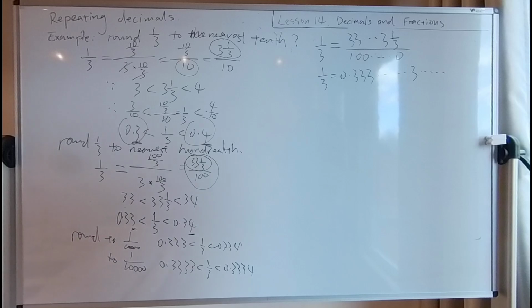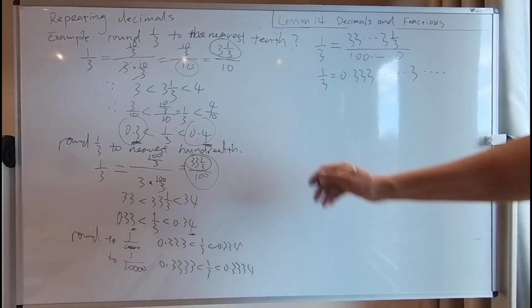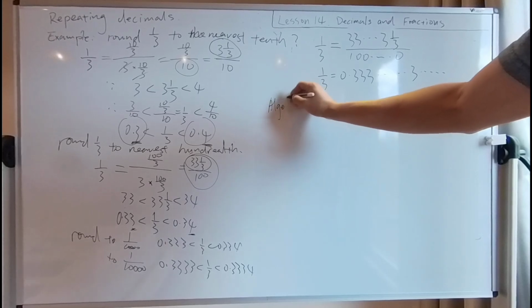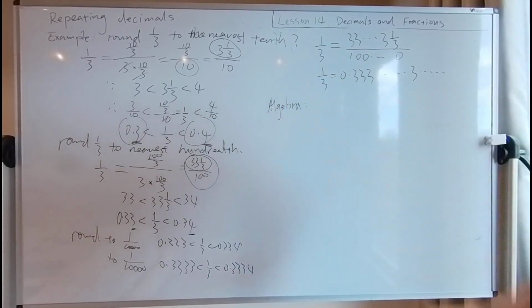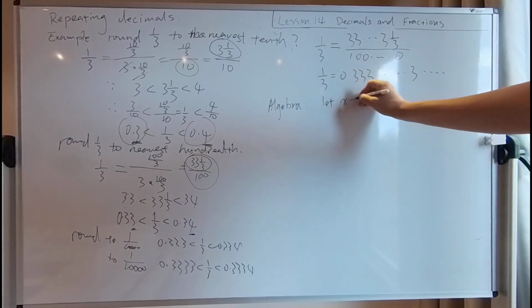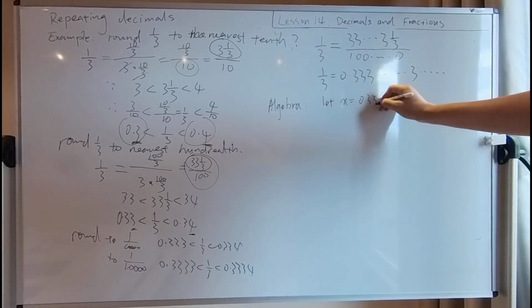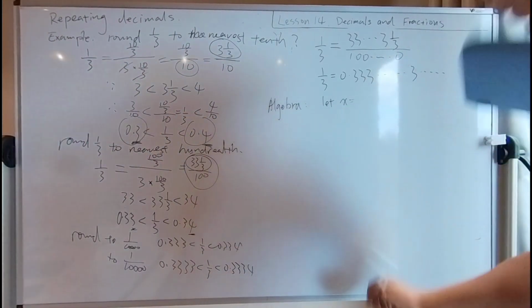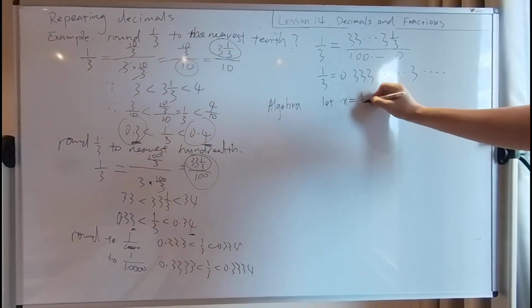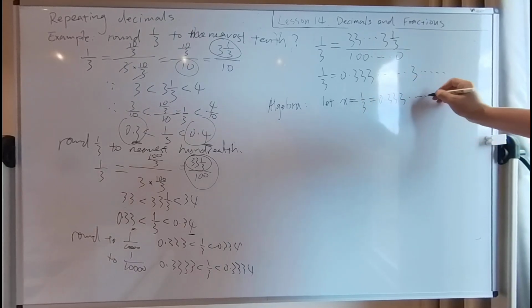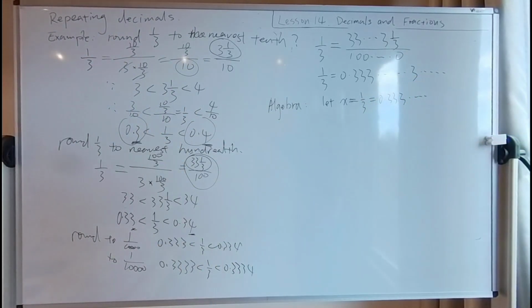We can also show or prove this in an algebraic way. Algebraically, I can first let x equal 1 over 3, where 1 over 3 can be written as infinitely many repeating 3's.